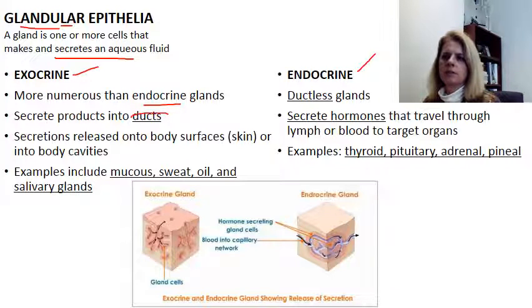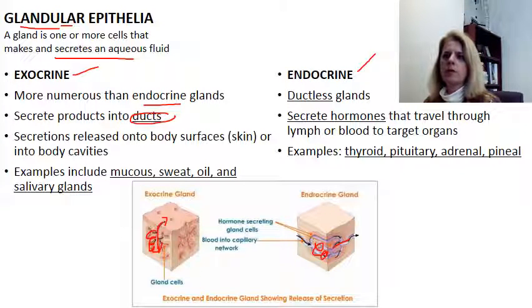Let's talk about ducts. Exocrine glands have ducts. So this is an example. Your product, like saliva or mucus or whatever, is made in the gland, and then it's going to flow up and out a duct. An endocrine gland is going to make the product, and it's going to be released directly into the blood.